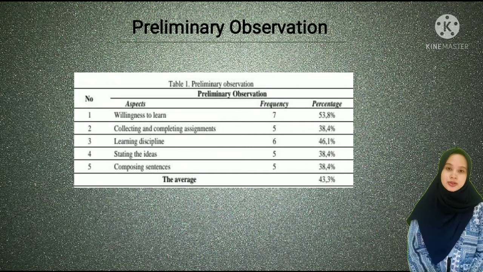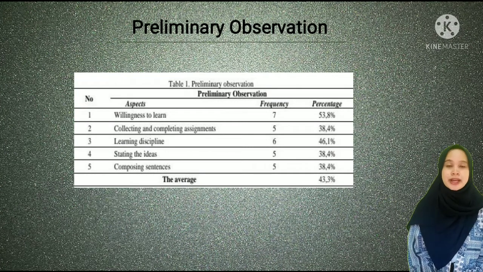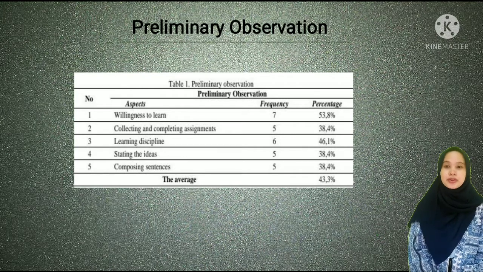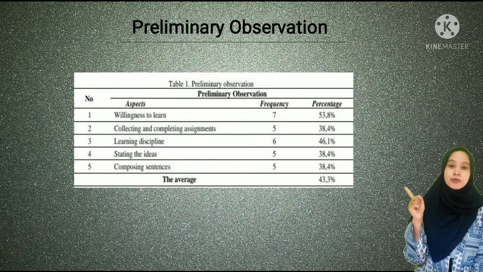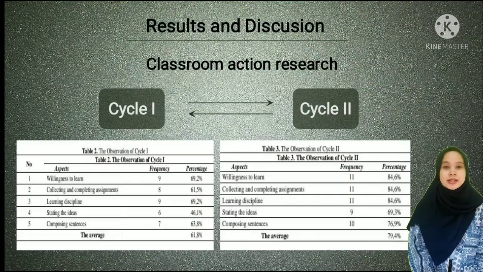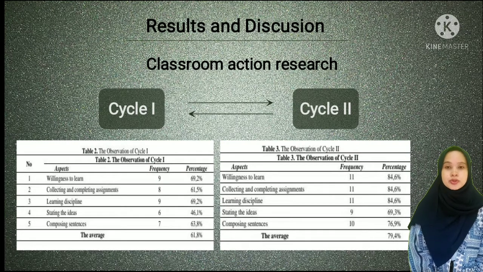Further, in cycle 1, to increase student motivation to learn English, the researcher conducted preliminary observation and pre-assessment as a basis to find out more about student motivation after being given treatment. The result obtained was that student learning motivation is low. This can be seen through the average student score of 43.3%. Okay, cycle 1 was held on Tuesday, September 22, 2020.